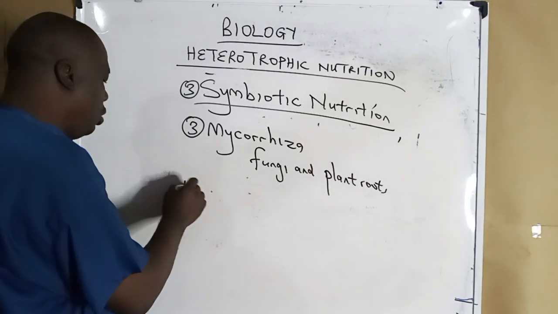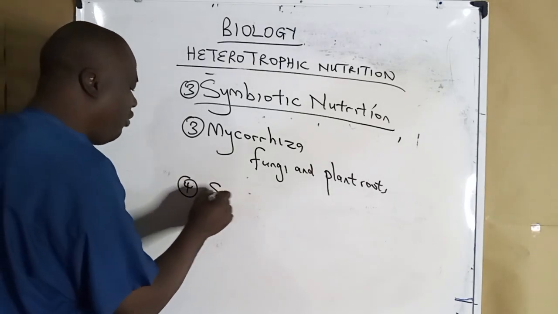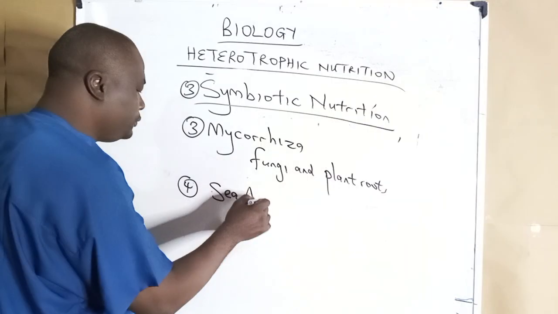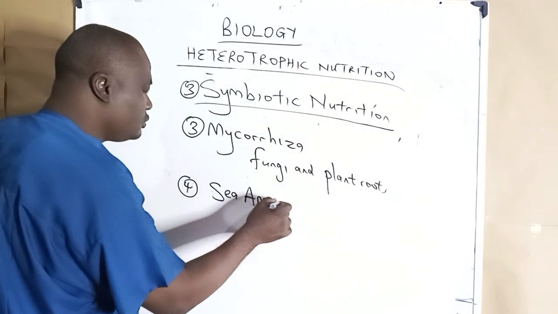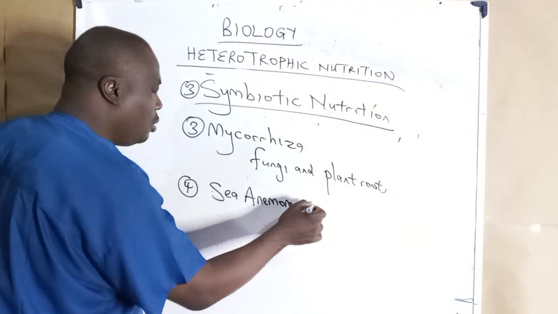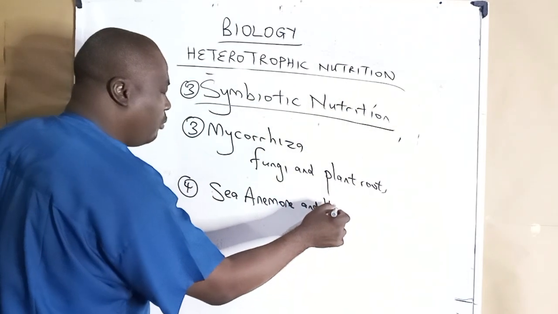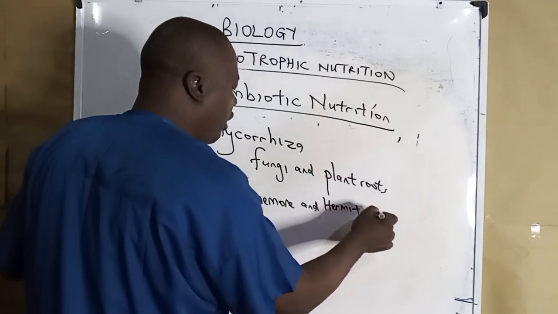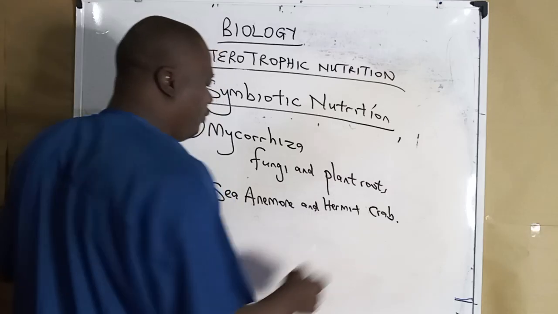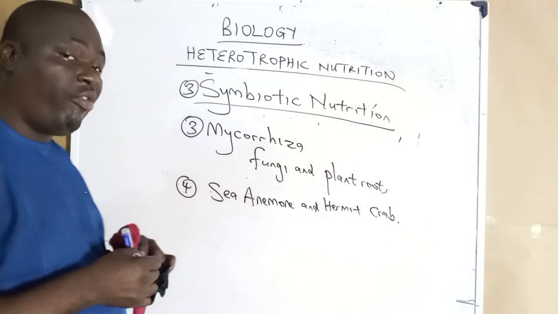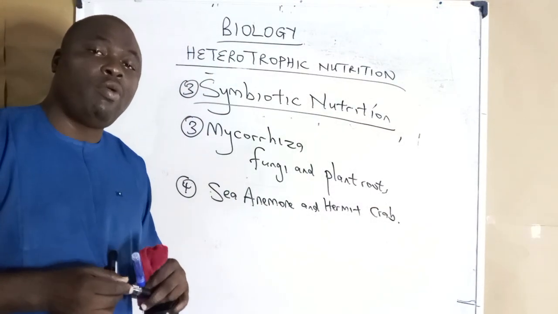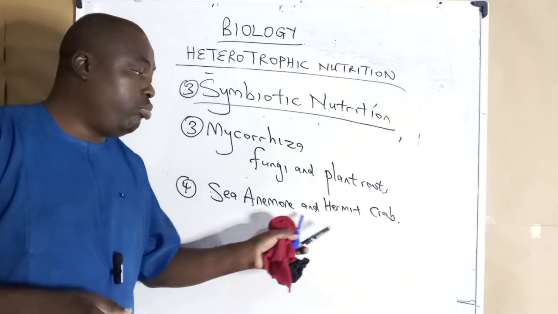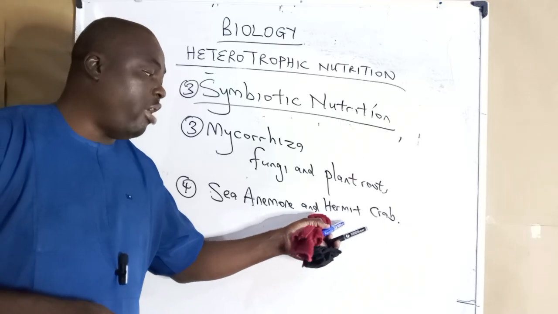The next one is the sea anemone and hermit crab. Sea anemone is a coelenterate. It has stinging cells that chase away the predators of the hermit crab.